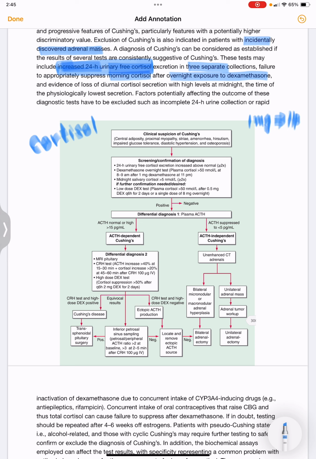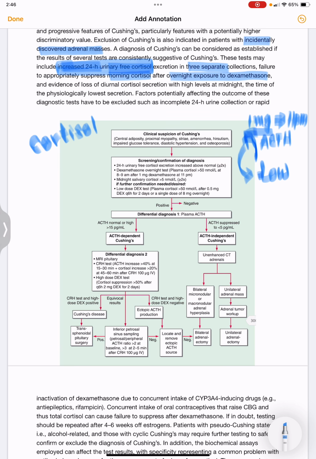Generally this should suppress the ACTH, so early morning cortisol should be low. But in Cushing's syndrome due to ACTH excess, the dexamethasone won't suppress ACTH.